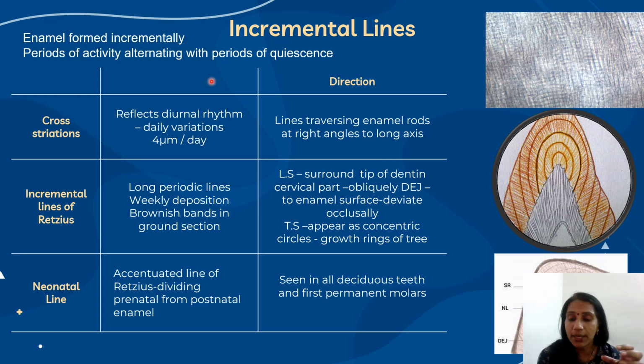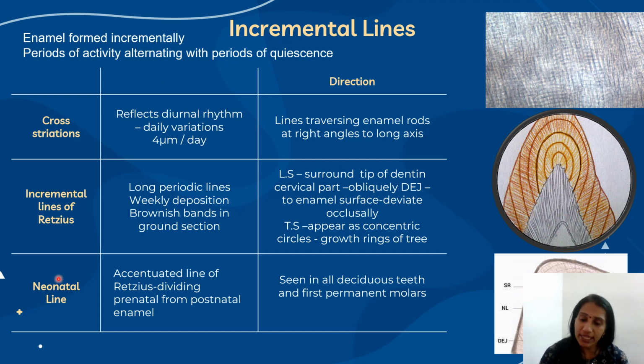Now remember, enamel is secreted in increments. It is not secreted together at one stretch. It is deposited as increments, an increment per day. Per day, enamel is secreted at about 4 microns per day.